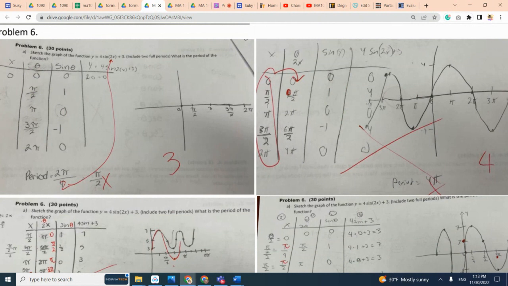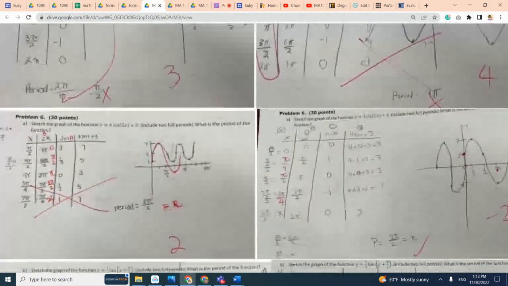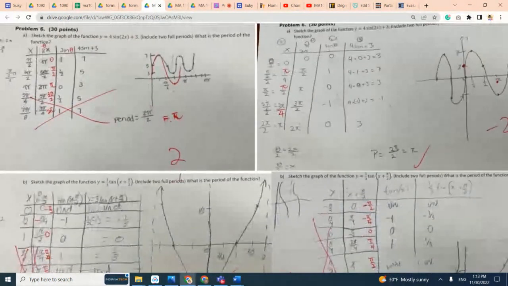Here, the theta value is this, not that. So these values should be the theta values, and then this is the sine theta value. And then here, these are the theta values. This is the sine theta values. So these are wrong. And here, this is right. But when you divide it by 2, see, you still have the pi.